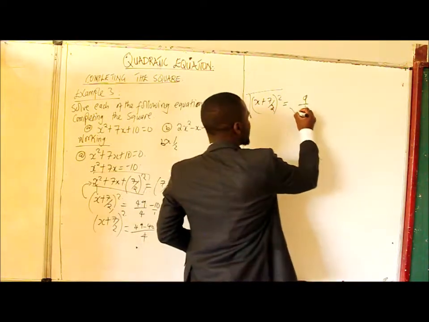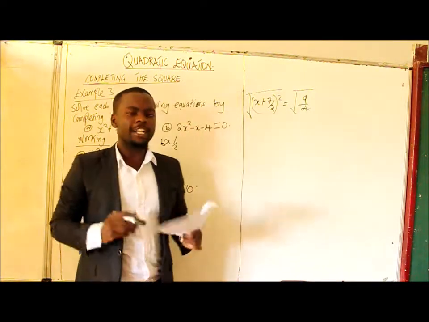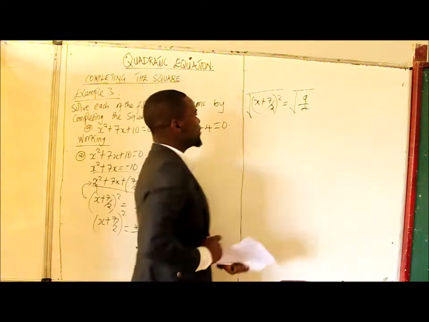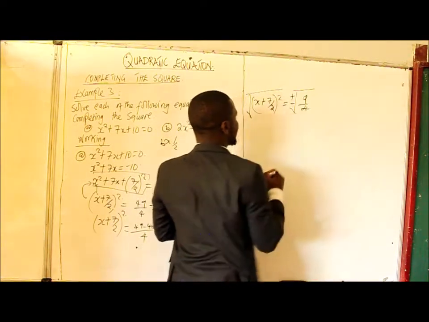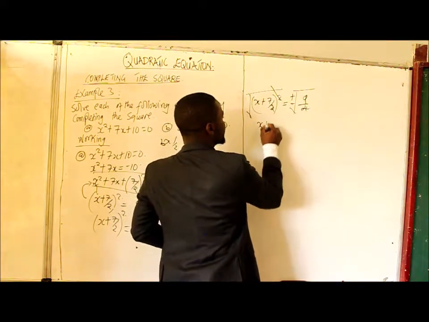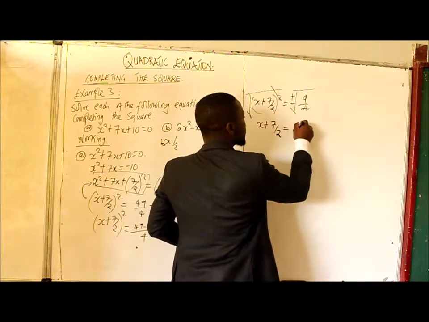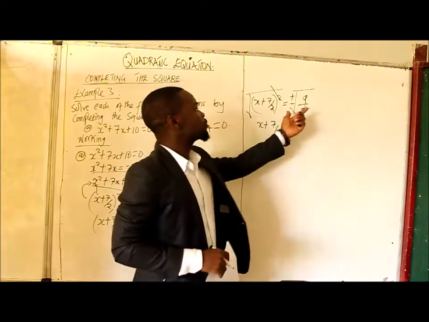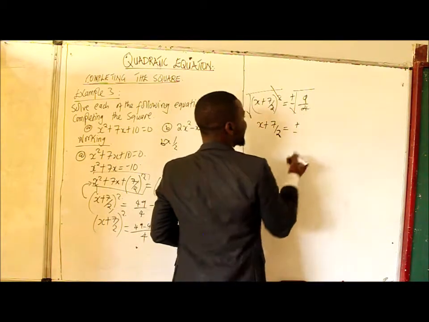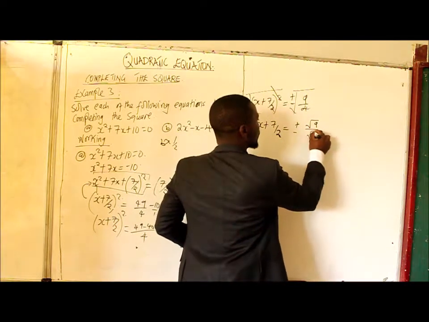When you introduce a square root on your right hand side, remember to add positive or negative. Therefore, a square and square root will cancel. We are going to have x plus 7 over 2 is equal to positive or negative. Let's find the square root of 9 over 4. So from this one, we can separate it by saying square root of 9 over square root of 4.